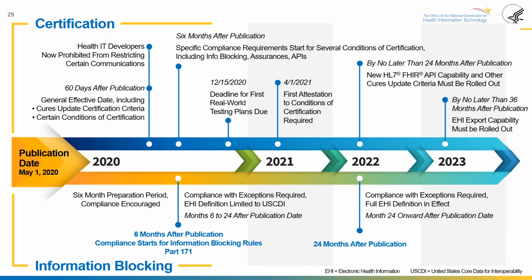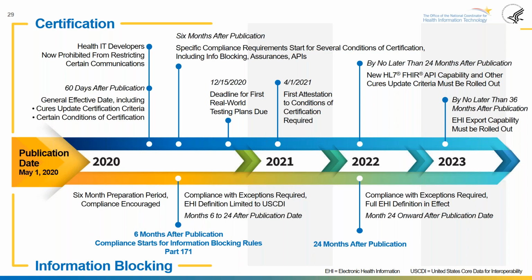When we speak about the US CDI in context of information blocking, it is functioning as a definition of the types of information that an actor would be expected to provide legally permissible access, exchange, or use of, in those contexts and for the time period where information blocking can be satisfied by providing the types of information described within the US CDI.